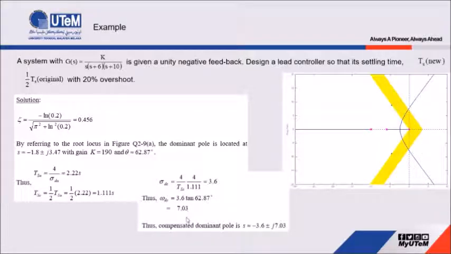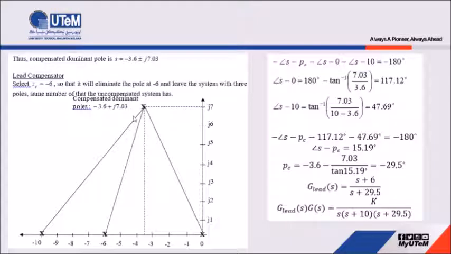So after we calculate all this, we get the compensated dominant pole for the system after we design this lead compensator, which is S equals negative 3.6 plus minus j7.03. In order to design this lead compensator, we can choose one of the zeros to eliminate one of these poles.